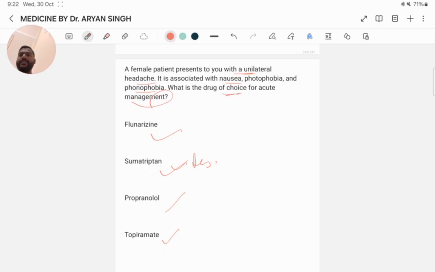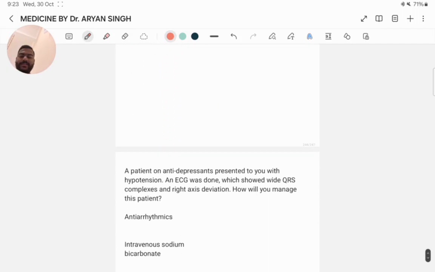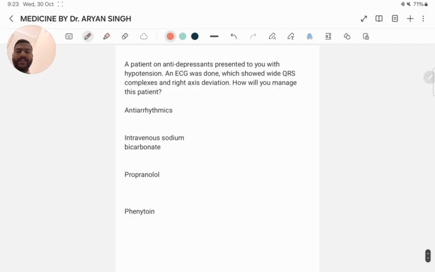The release of vasoactive peptides such as calcitonin gene related peptide by the trigeminal nucleus cells is the theory used to explain the pathogenesis of the condition, and the neurotransmitters serotonin and dopamine also play a part.